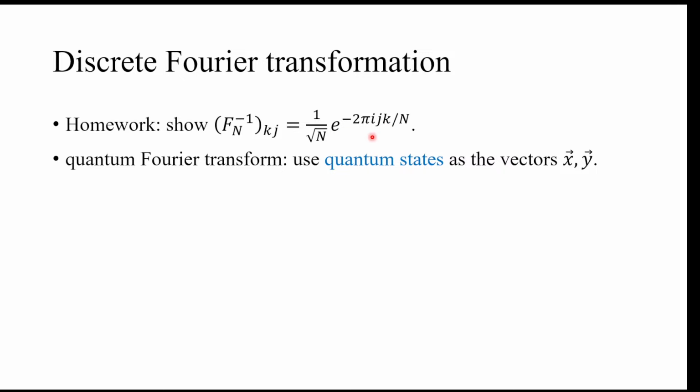And so that's the classical discrete Fourier transform, and now we are going to generalize this to the quantum Fourier transform. The generalization is pretty straightforward. We have an input vector and an output vector, and we are just going to say the input and output vectors are now quantum states.